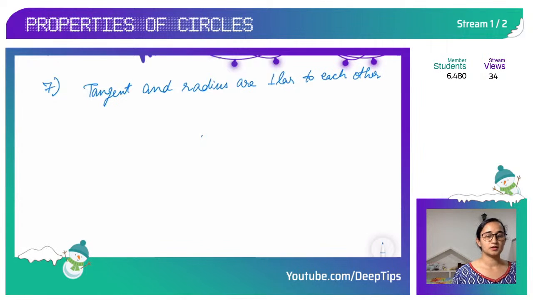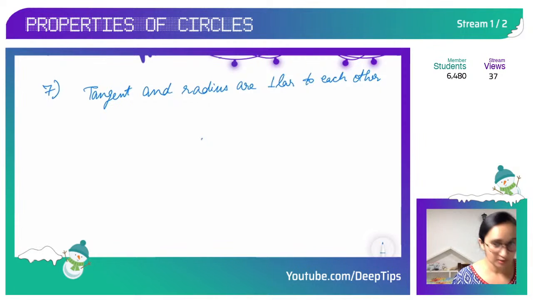So children, the conventional proof you will find in the textbook. I am not going to do that for this theorem, because for me it's important that you understand the logic behind it. So we are going to do this theorem using secant properties. Now again I'll be needing 3 circles here.